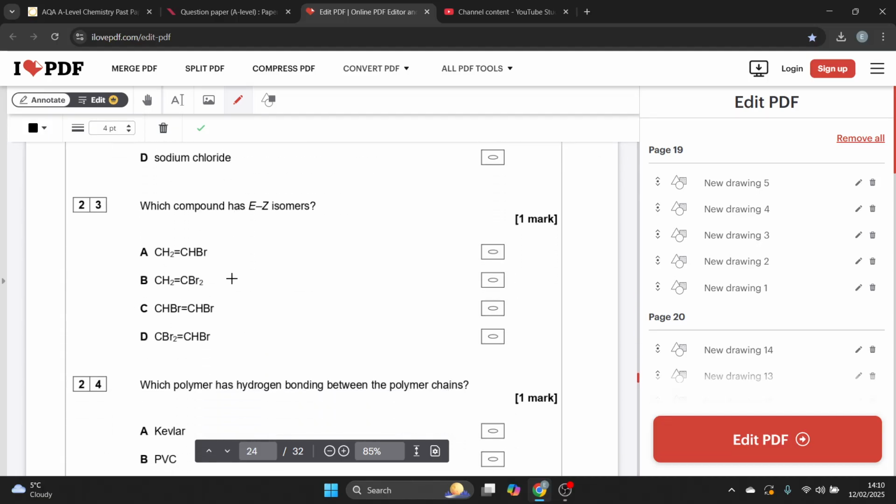Which compound has EZ isomers? Well, you've got this one that won't have EZ isomers. That won't, and that won't.